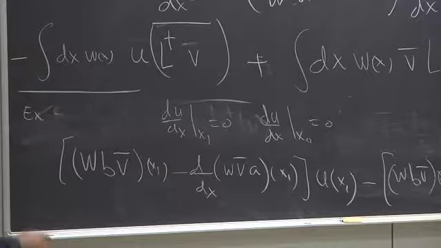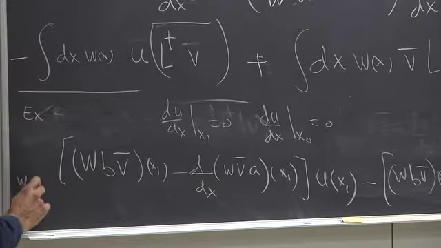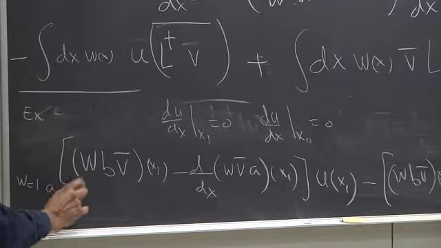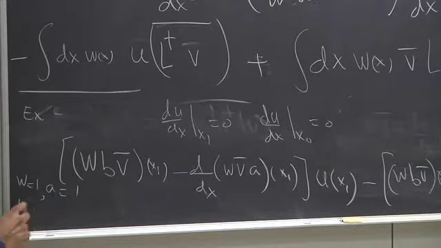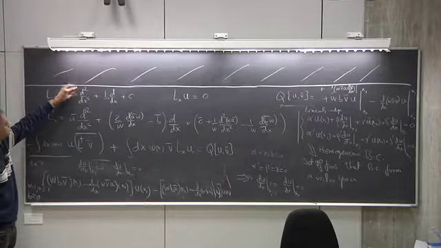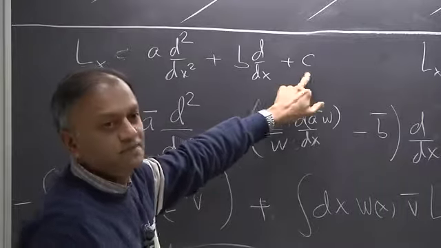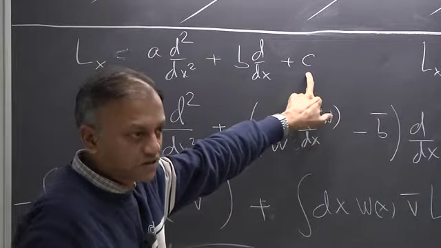So let's assume further, just to see how it is, w equal to 1, a equal to 1, and further simplify b equal to 0. In other words, the differential operator is simply 1 times d2 by dx2, this term is not there, plus some constant. That's the original differential operator.